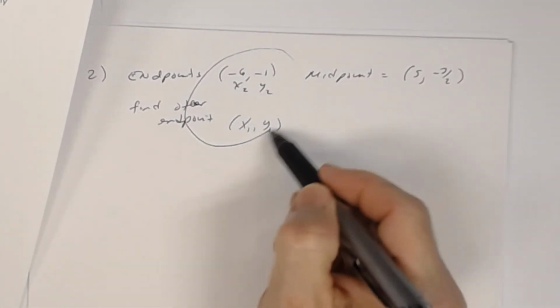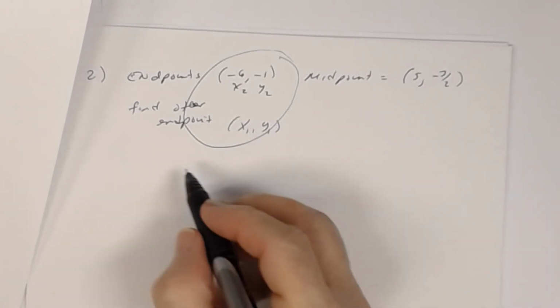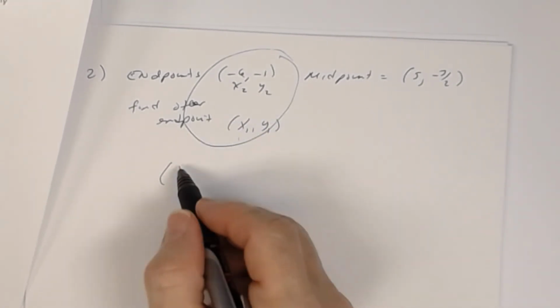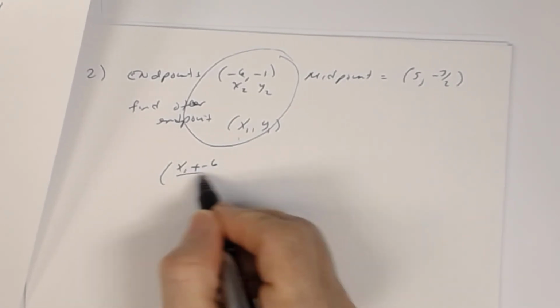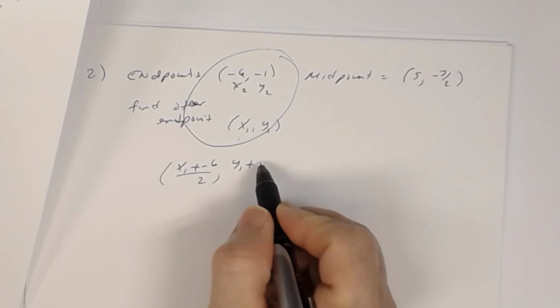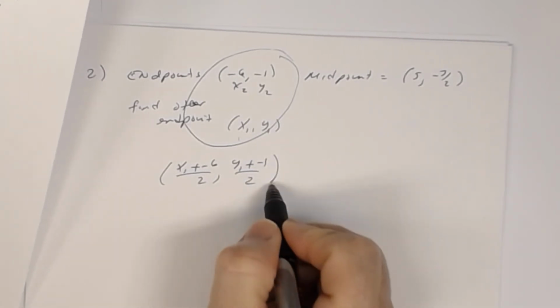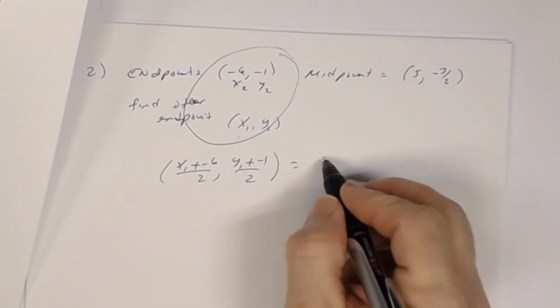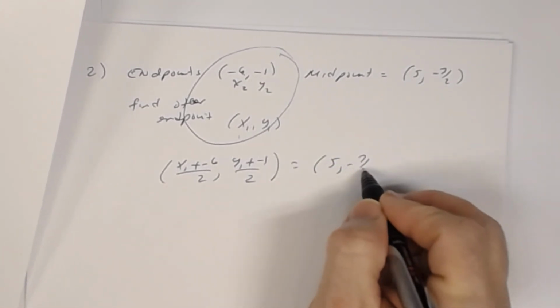Now I'm going to use this in my midpoint formula, where you add your x's together: x1 plus a negative 6 divided by 2, and then y1 plus a negative 1 divided by 2. That midpoint has to equal 5, negative 7 halves.